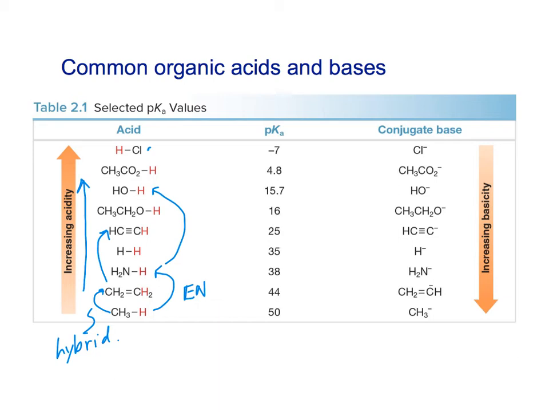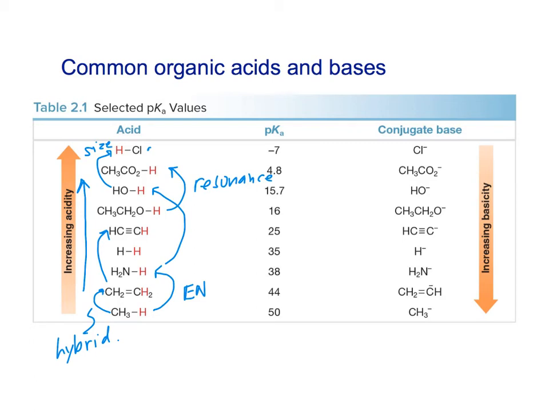We also have another one we could put in here. If we went from here to here, this would be resonance. And if we compare even water to chlorine, we're also kind of looking at size. So we see all the trends we talked about.